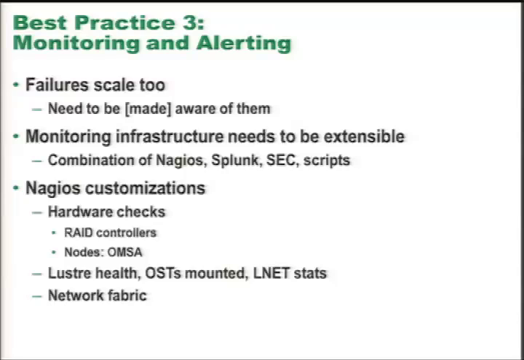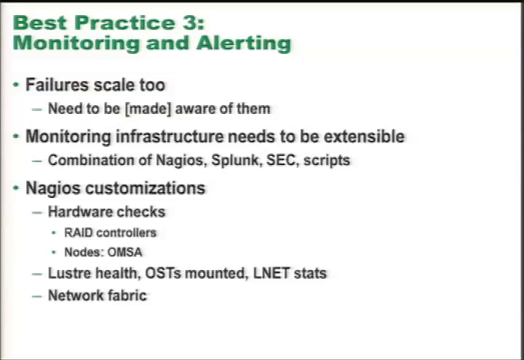So we use a combination of Nagios, Splunk, SEC. We've used SEC before, and we're starting to implement more Splunk searches and trying to emulate some of that functionality in Splunk. We've had to customize Nagios a lot because we rely on it significantly to do most of our checking for us. So we'll do things like checking RAID controllers.